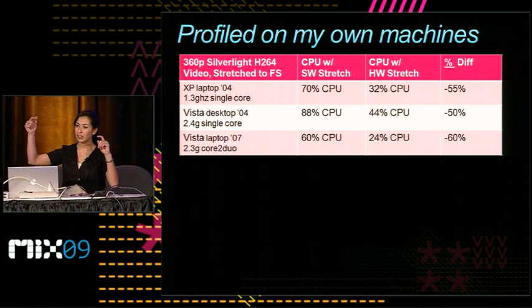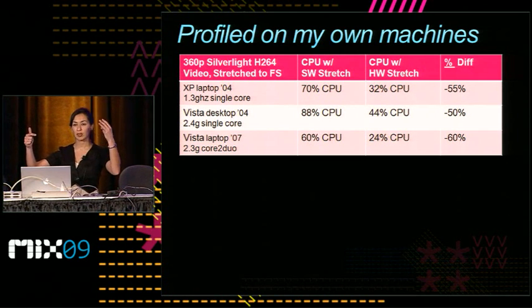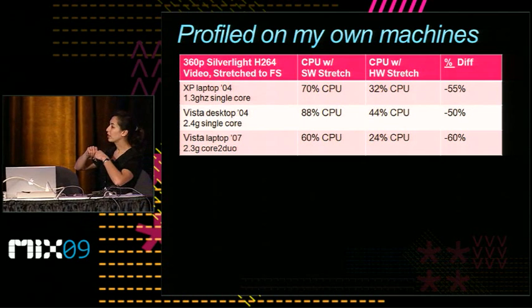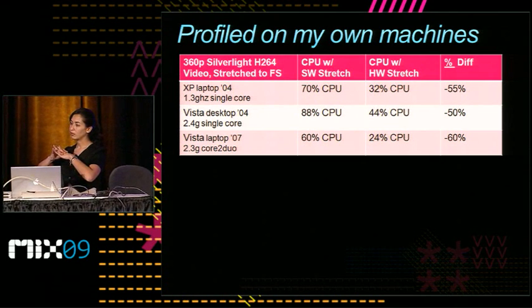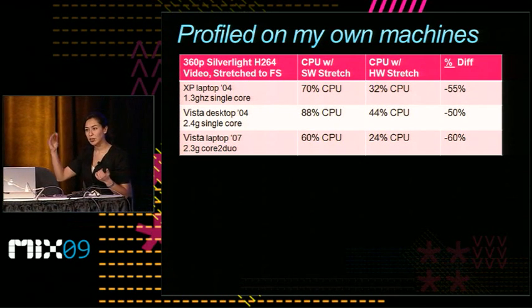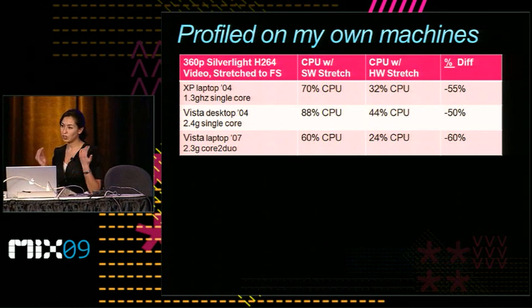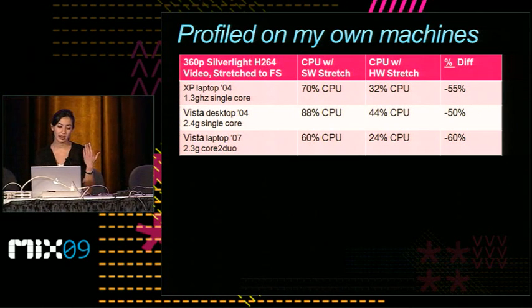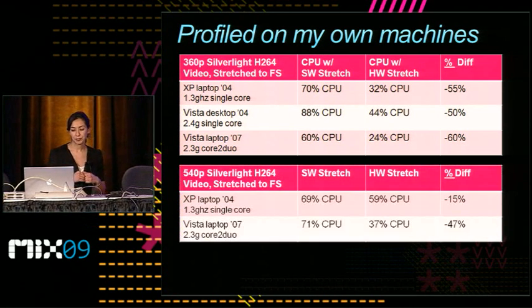And this is consistent in all the ranges of CPUs that we saw our customers use. As performance PM, I largely thought that the 2.4 gigahertz machine was a high-end machine, and the 1.3 gigahertz is largely your average usage. So you can harness the GPU to enhance your video playback within Silverlight.